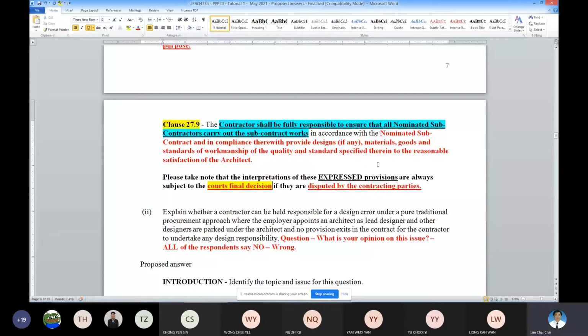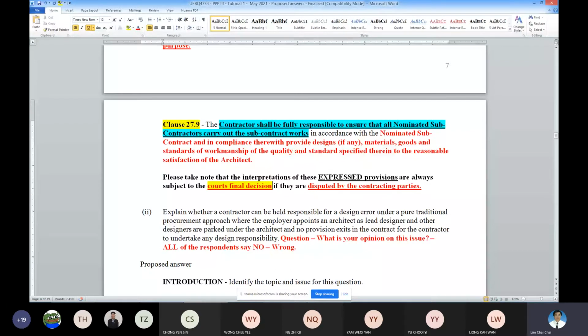If there is no dispute, whatever has been decided, I repeat, whatever has been decided, if there is no dispute on the interpretation of the conditions of the contract or whatever so-called terms in the contract document, they are only temporarily correct.